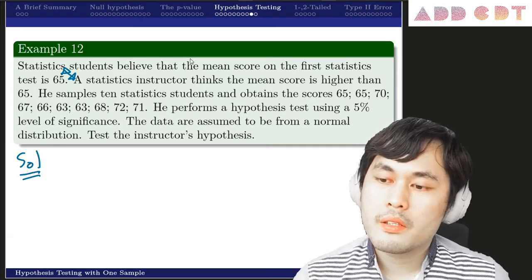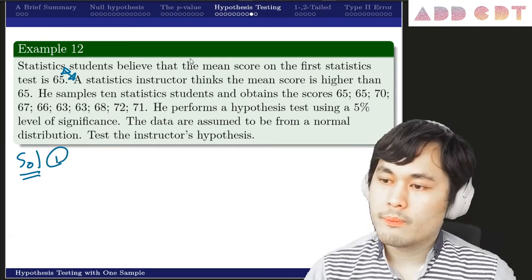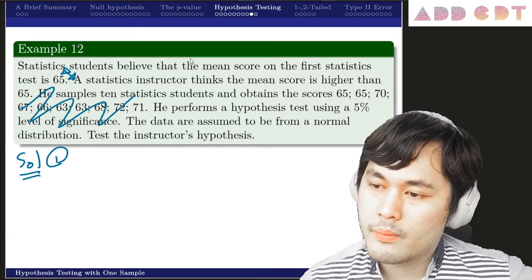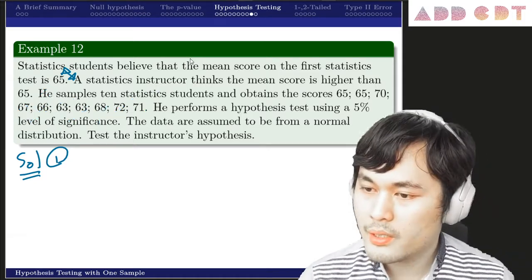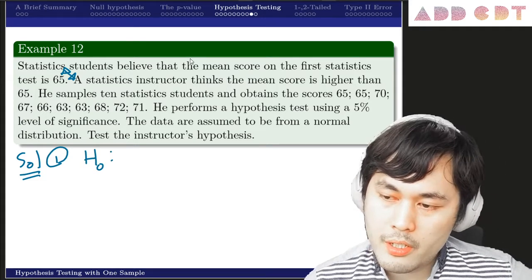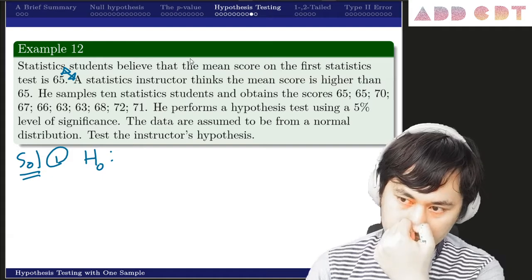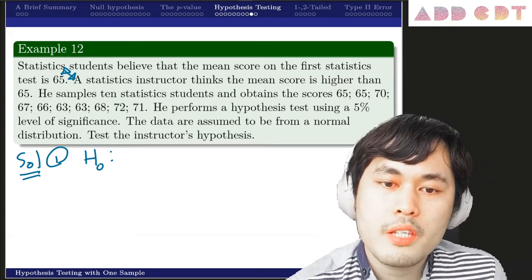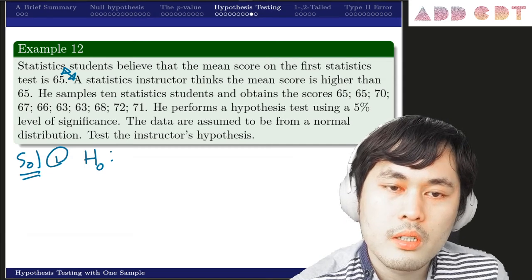So let's start with step 1. Let's ignore the rest of the text first. We have to set up the null hypothesis here. And let's see which way I do in the lecture.